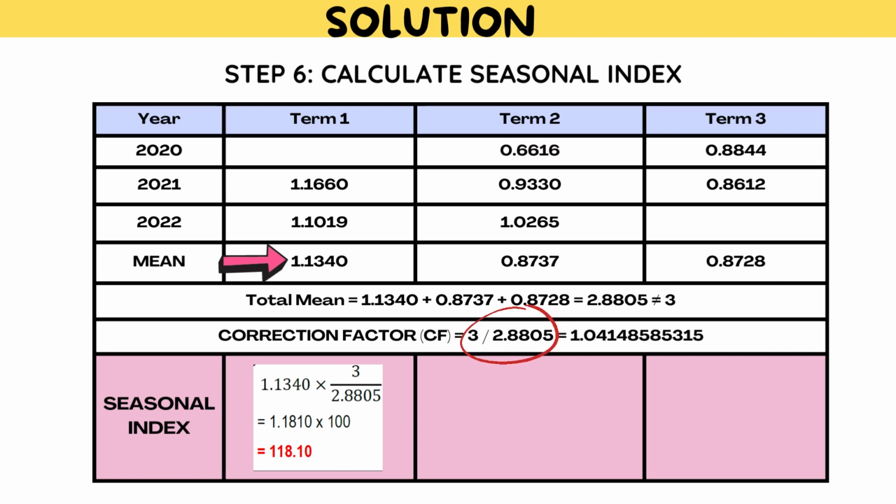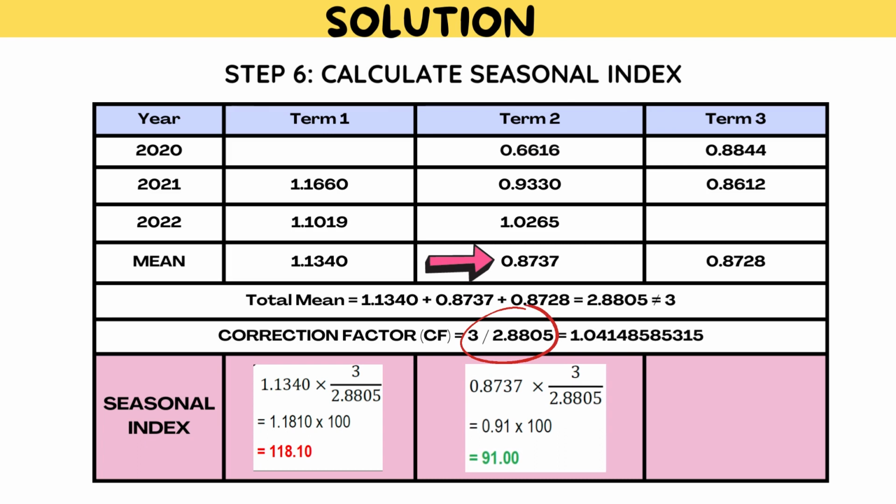This value you have to times with 100, so the answer is 118.10. Same goes for the seasonal index for term 2. The mean is 0.8737 times our correction factor, the answer is 0.91, and then times 100, the value is 91.0.